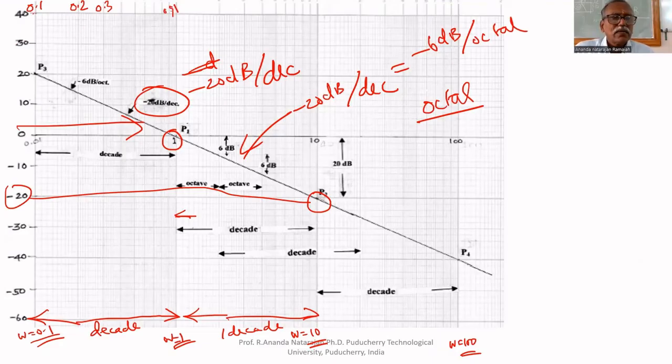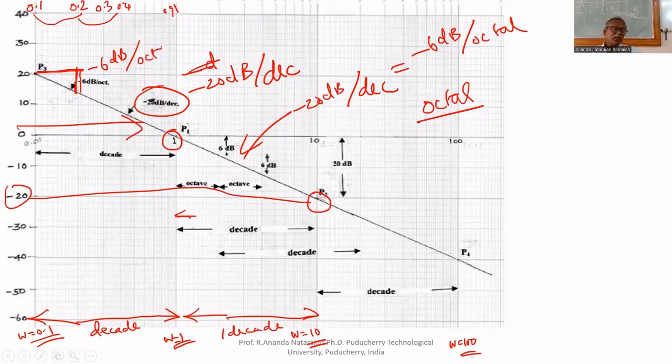Here the frequency is doubled, 0.4 means here the frequency is doubled. So when the frequency is doubled, what is the decrease in amplitude? Minus 6 dB. Therefore, 20 dB per decade as well as 6 dB per octal, both are the same.